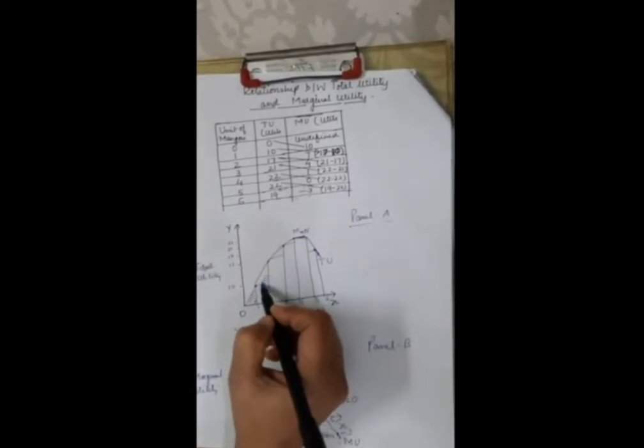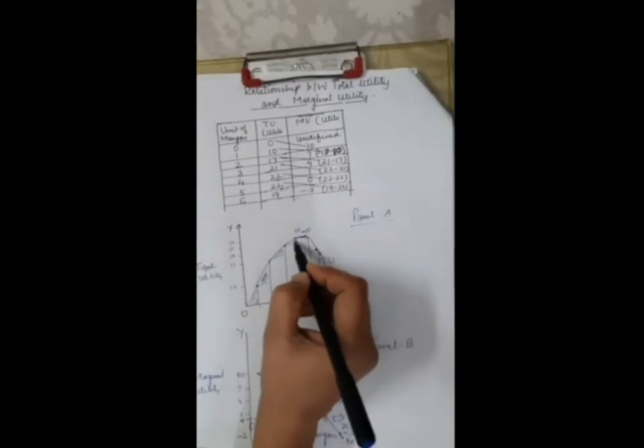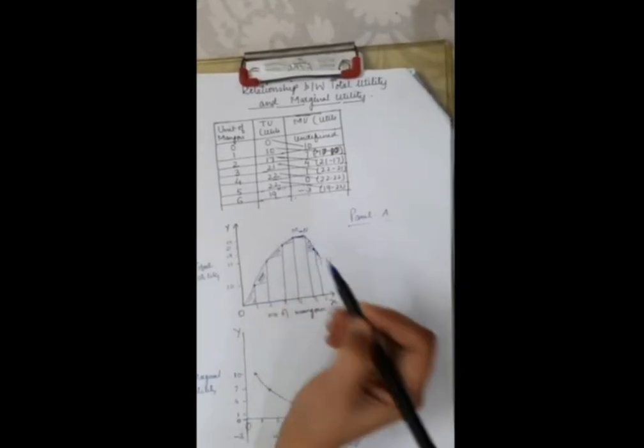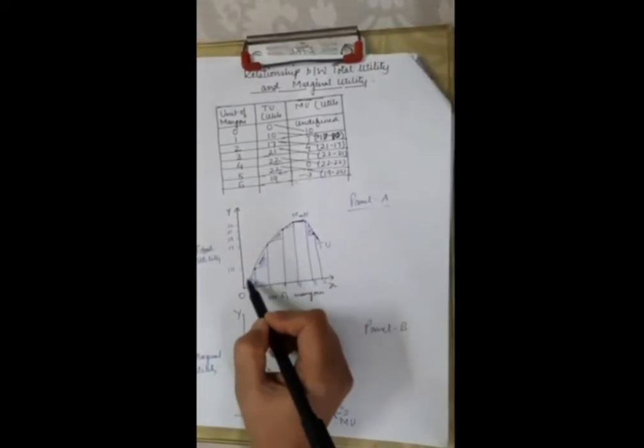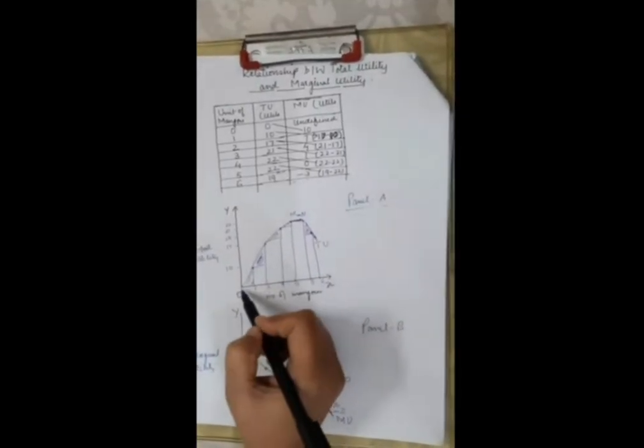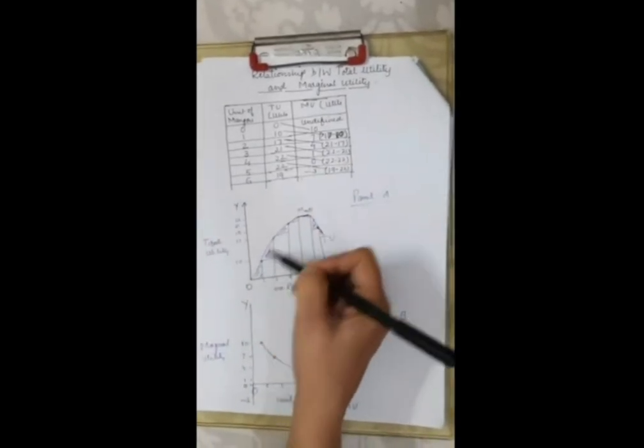We are just making a certain shaded area over here. Now the shaded area in panel A, you can see that this shaded area is only talking about the marginal utility.